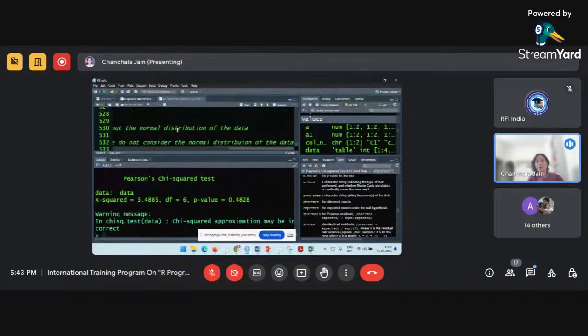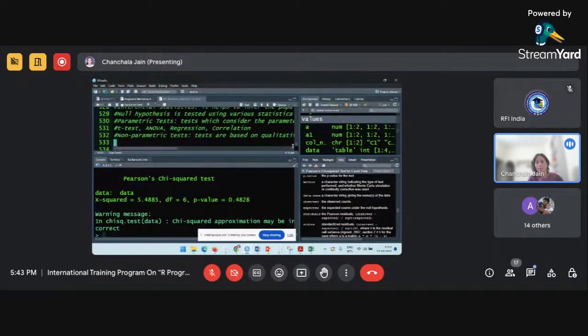So these are the features or the definition of non-parametric tests. Under this category, we can keep chi-square, Mann-Whitney U-test, Kruskal-Wallis test, and Spearman's rank correlation. So these are a few of the tests which we can keep in this particular category, right?